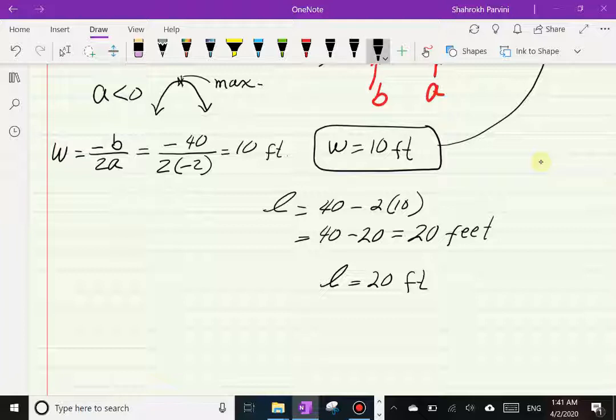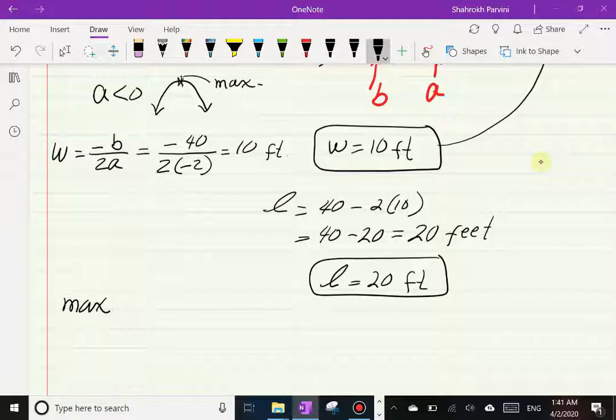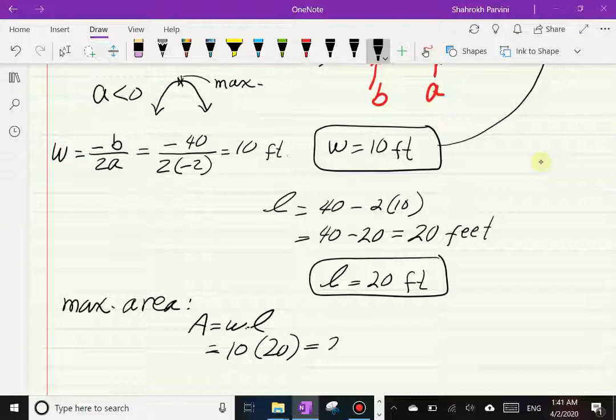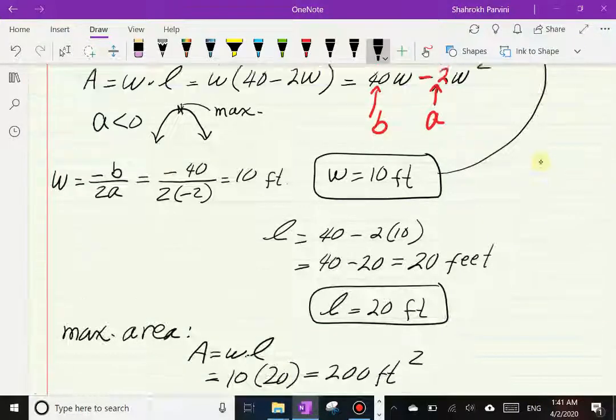It's going to be a 10 by 20. And the max area is going to be A equals width times length. The width is 10, length is 20, and that's going to give us a 200 square feet garden. And there you have it, the second example.